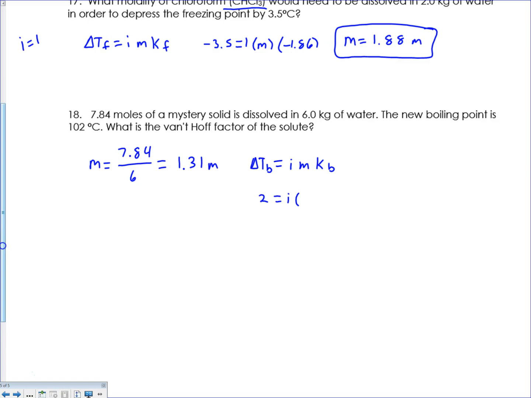The molality was 1.31. The Kb is 0.51. And so what you'll do then is just take 2, divide it by 1.31, divide it by 0.51, and you get i equals 2.99, which is approximately, with rounding, equal to 3.